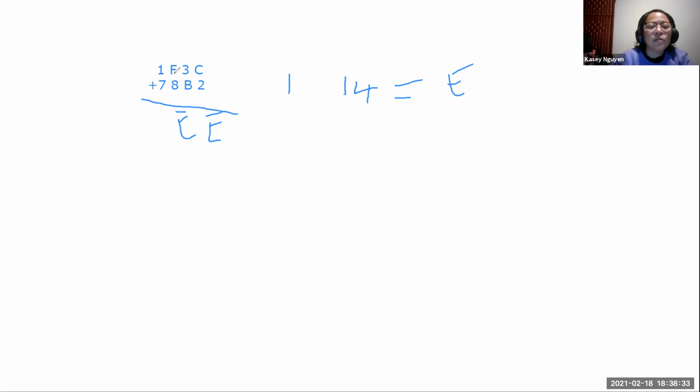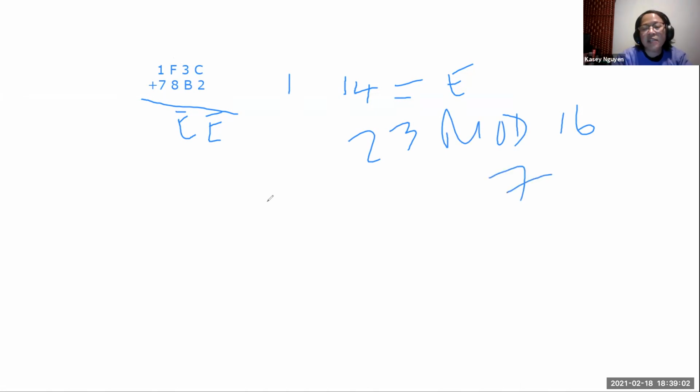So when you add 15, so if you take 15 plus 8, what's that? 23, right? Then you're going to take that 23 and you're going to mod 16. Okay? So when you mod 16, what do you have? You have 7, right?